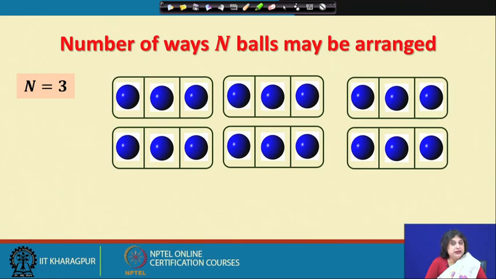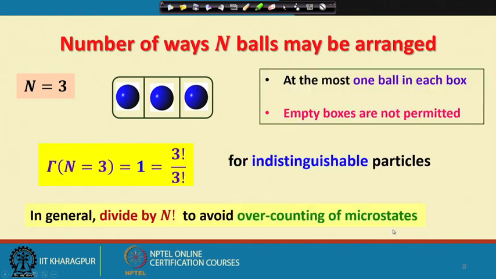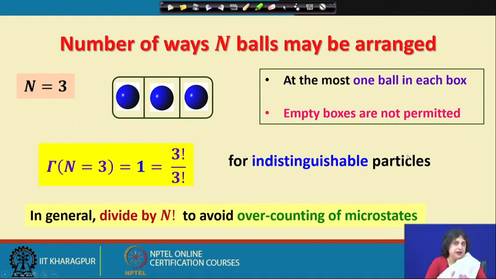Therefore, if you now say that there are 6 different ways of arranging these 3 balls in that box comprised of 3 compartments, once again you are overcounting, and therefore, I would say that all of them are identical, and then, following these rules of the game, I must understand that there is only one unique way by which I can arrange these 3 balls, that is, one ball in each compartment.